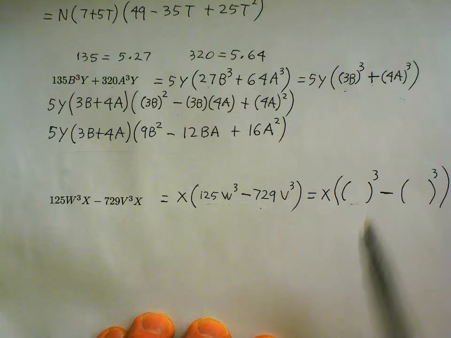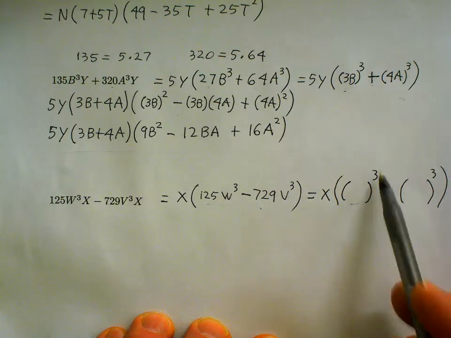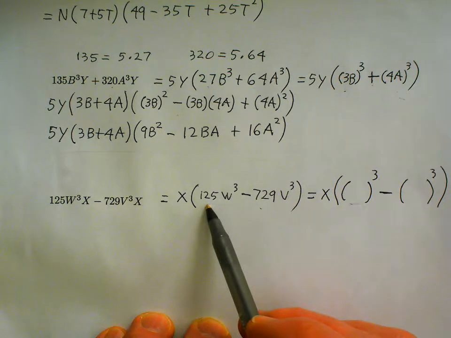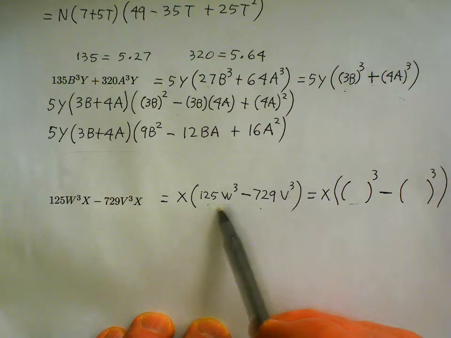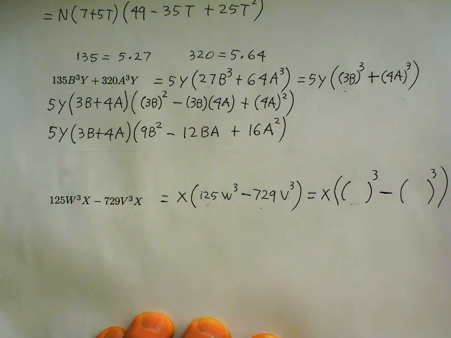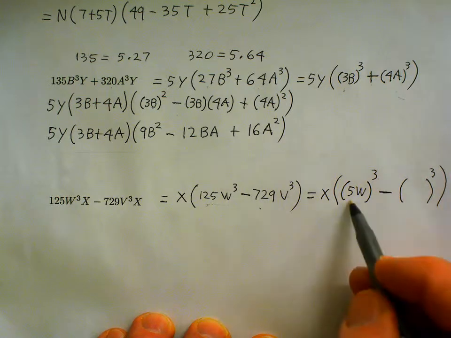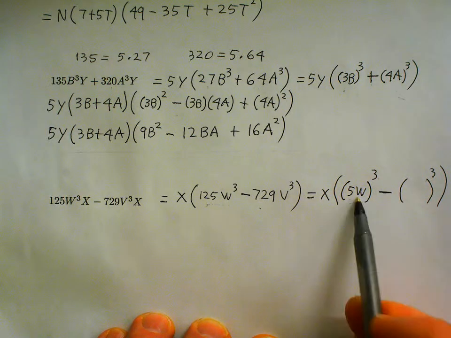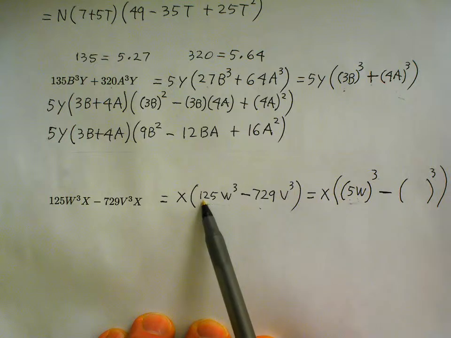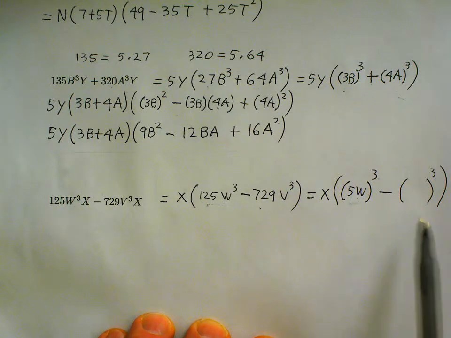So what term do I raise to the third power to get 125w to the third? 5w. Yep, 5w. If we raise the term 5w to the third, 5w times 5w times 5w, we get 125w to the third. Okay, what about the other one?